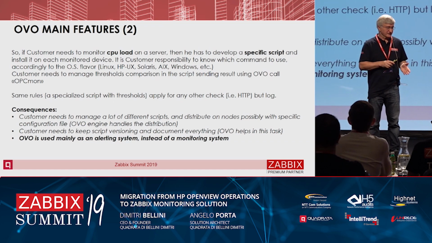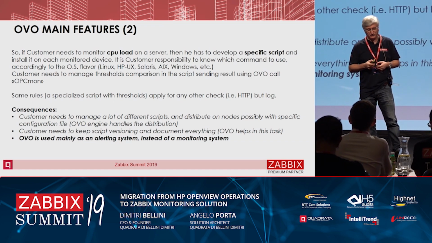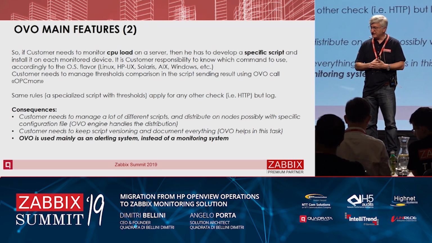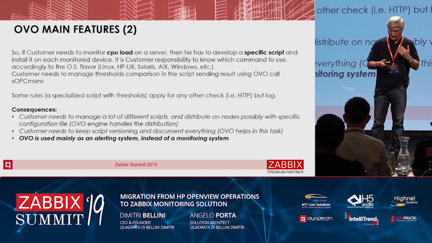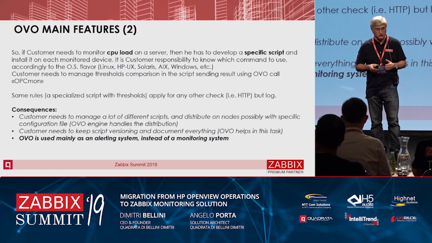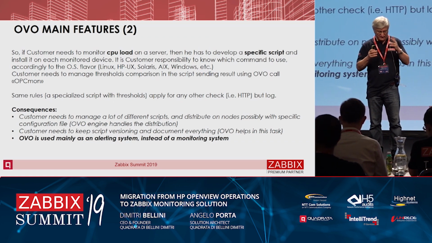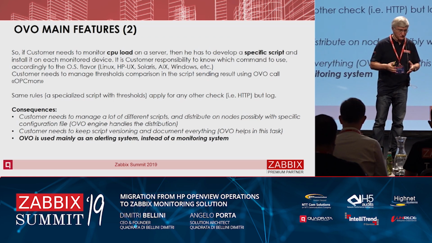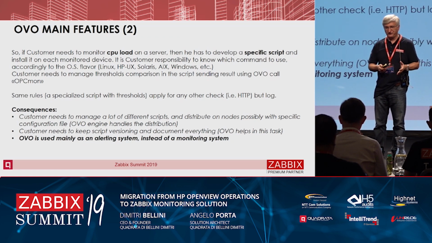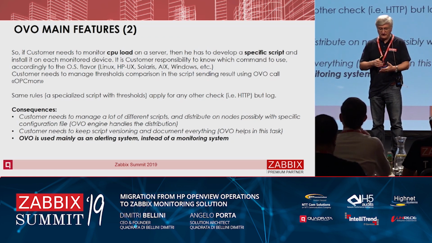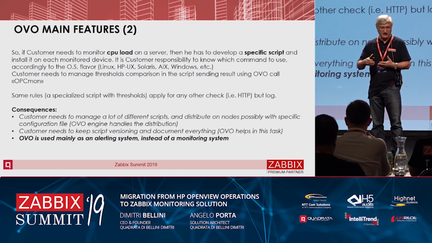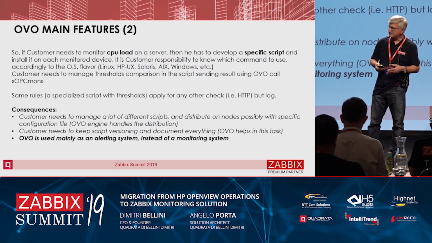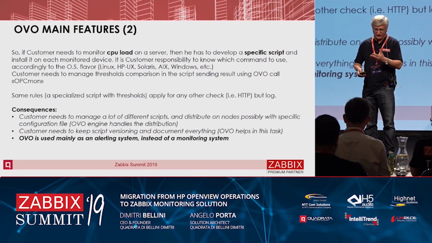So it checks the value of, let me say, CPU utilization or swap space or whatever, checks against some threshold, and sends a message. So at least in our experience, OpenView is a framework composed of many modules, and for sure there are also modules to take the data from the server. But at least in many of our customers that use HP OpenView, OpenView is only an alerting system, and not a monitoring system like Zabbix.